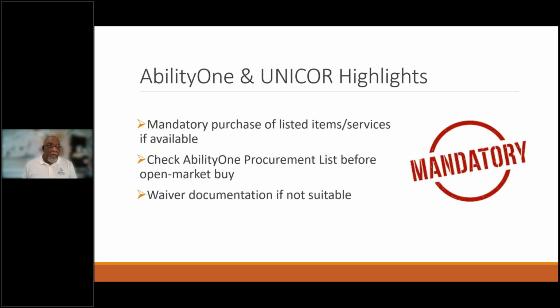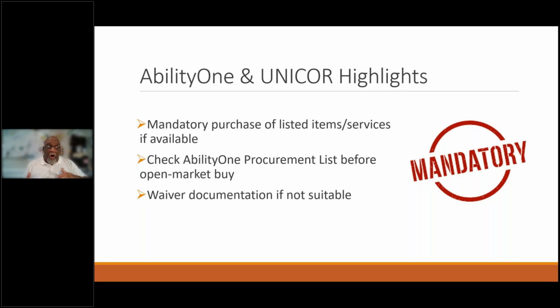All right, AbilityOne and UNICOR, remember, mandatory sources. Okay, must look there first. Okay, this is what's happening. This is the peek behind the curtain. Inside of the government, contracting officers and contract specialists must look at the mandatory list first. AbilityOne and UNICOR are up top on that list.